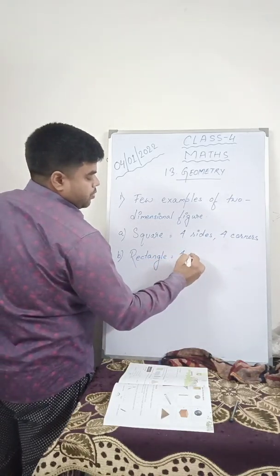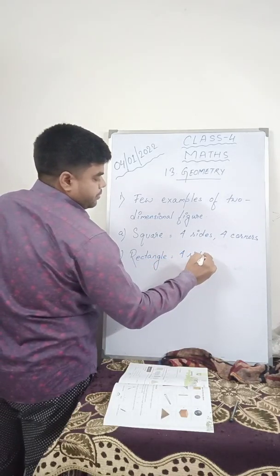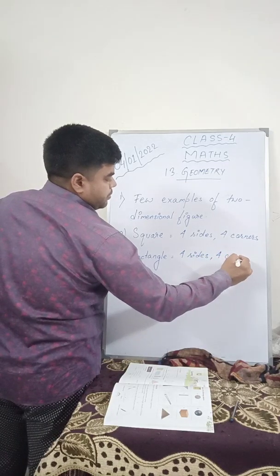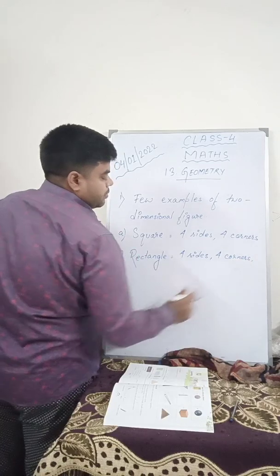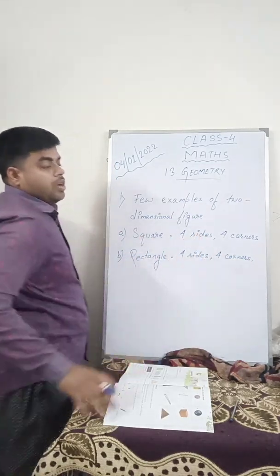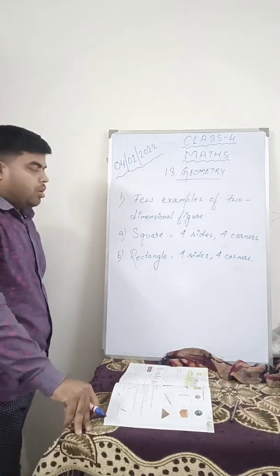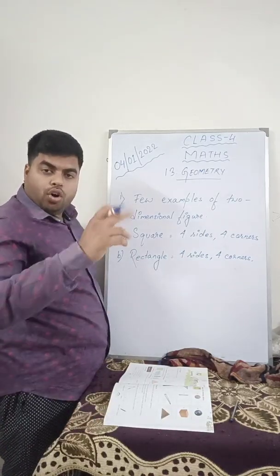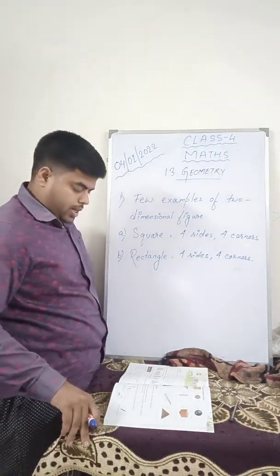Rectangle also has four sides, four corners. Square, you write four equal sides. All the four sides are equal. In rectangle, all the opposite sides are of equal length.